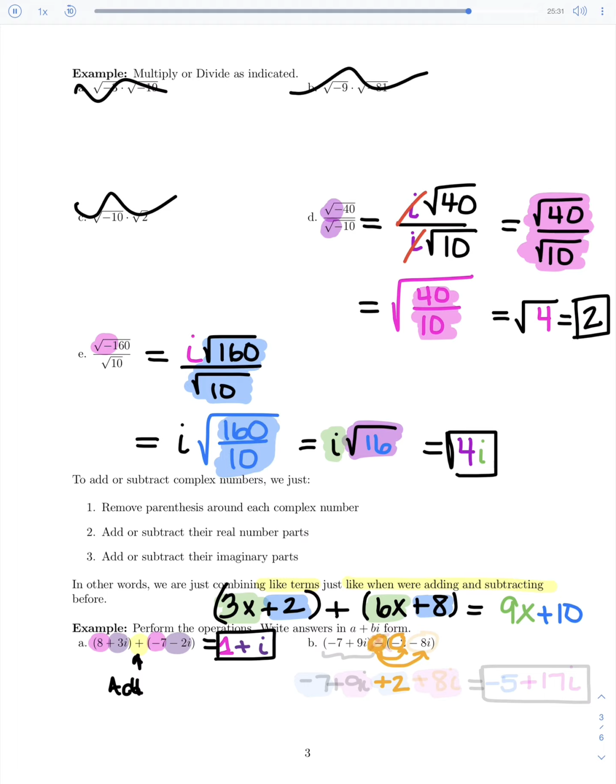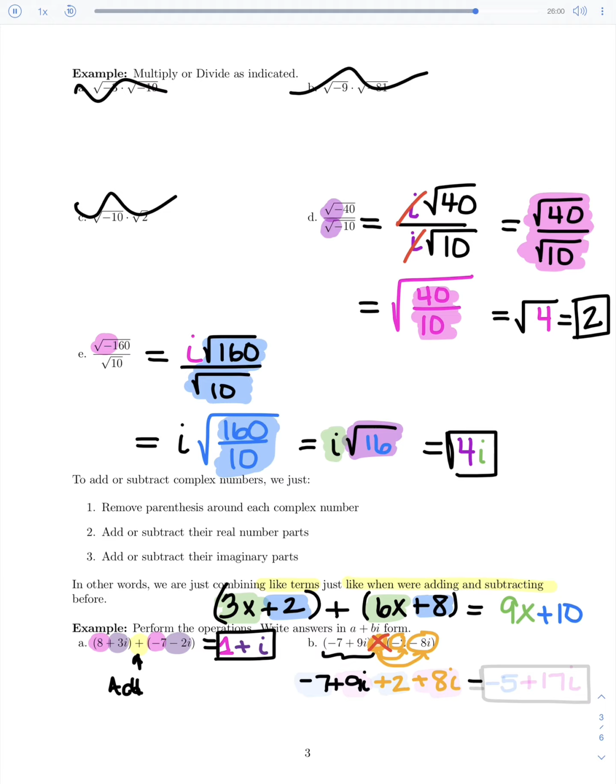And then the negative sign will turn the negative 8 into a positive 8i. Once you distribute that negative sign that's in the middle, it's gone. It's dead in the water. And our first piece, the negative 7 plus 9i, is going to remain the same. That doesn't get touched because it didn't have anything out in front of it that would change it.